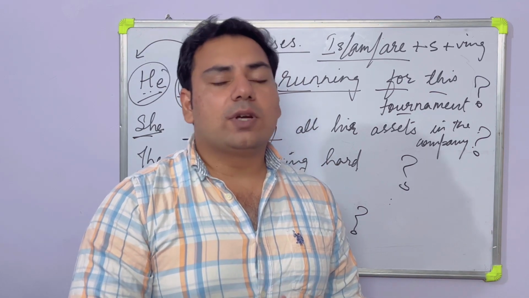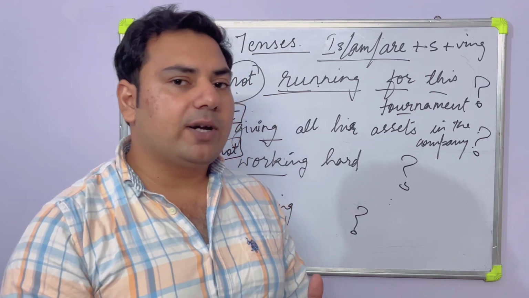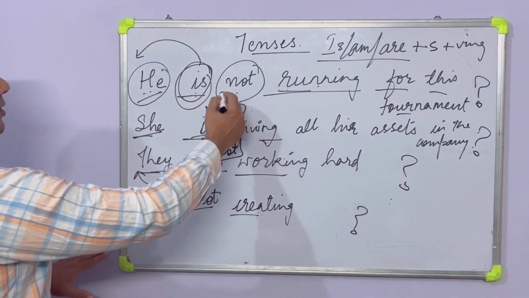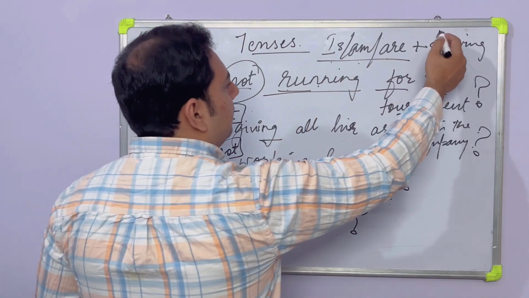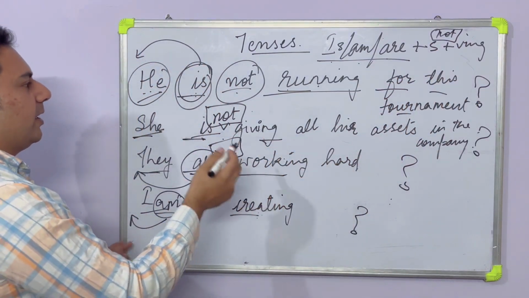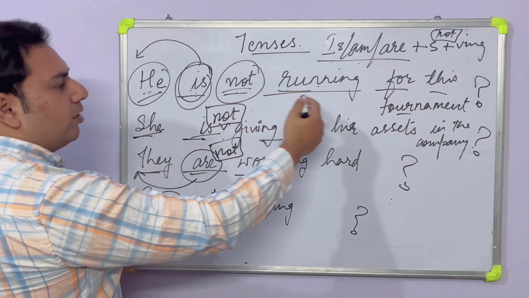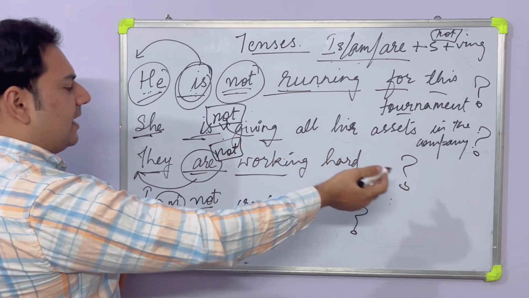In the same way, you can make the negative interrogative as well, again by using just not. Is, am, are plus subject plus not. So when you add not, it will become a negative interrogative. Is he not running for this tournament? Is she not giving all her assets?